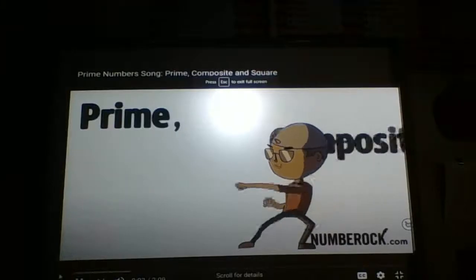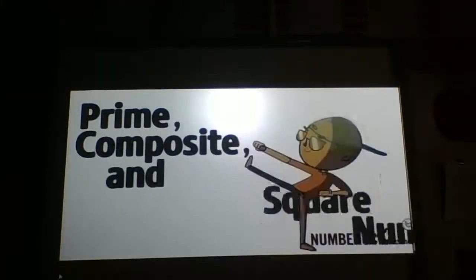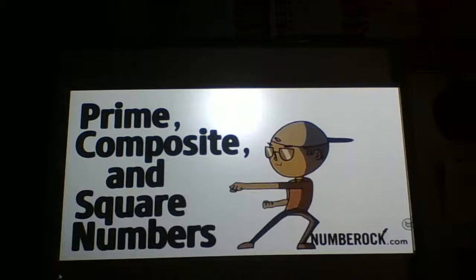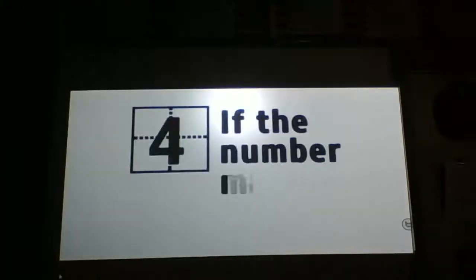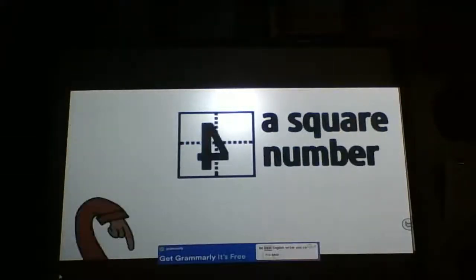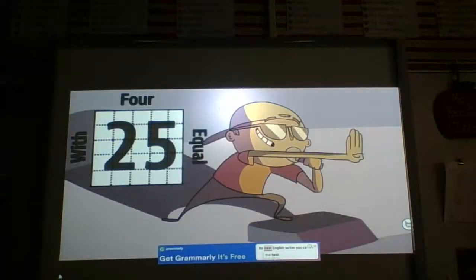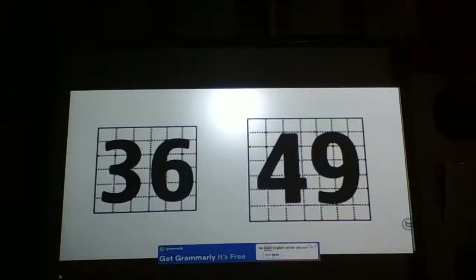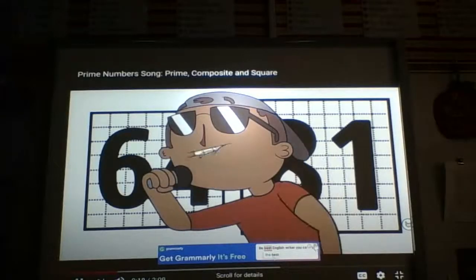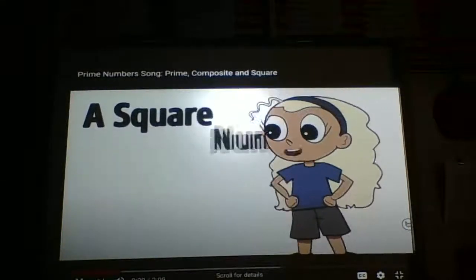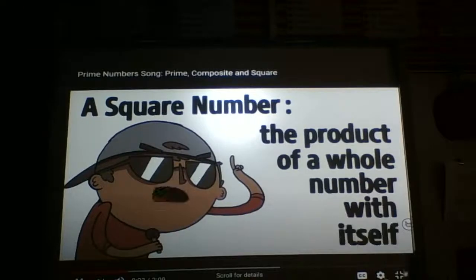Now we're talking prime and composite. How can I use my factor rainbow to see if a number's prime or composite? What makes a square number is there. 1, 4, 9, 16, 25 can make an array with 4 equal sides. 36, 49, 64, 81, just to name the first few of them. A square number: the product of a whole number with itself.